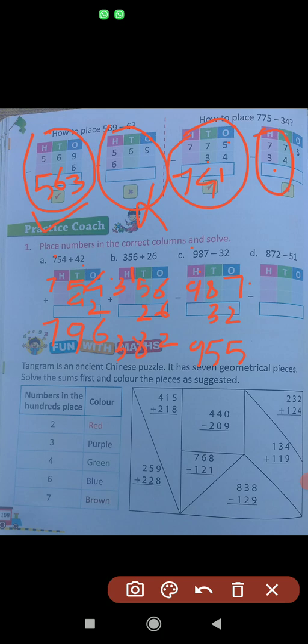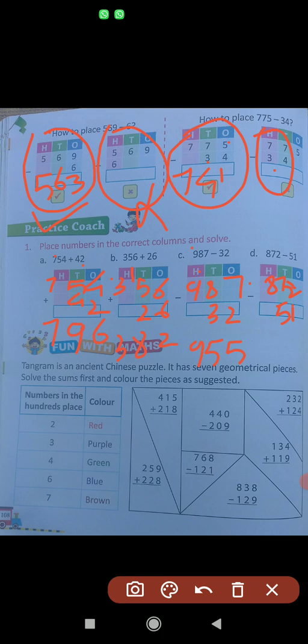Next, 872 minus 51. Write the numbers in correct columns: 8, 7 and 2. Next, 51. Okay. 872 minus 51.